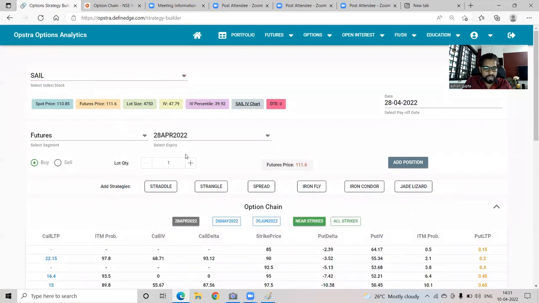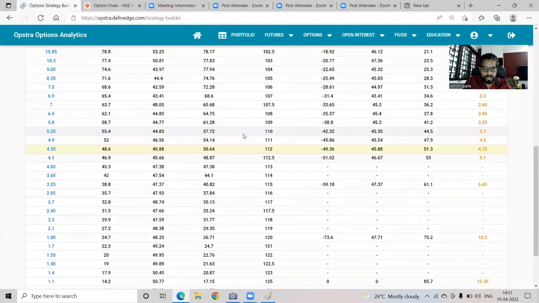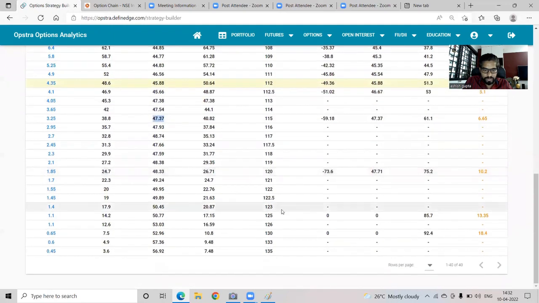So we can look at SAIL actually. The future is closing at 111. If we look at the 120 strike, it is trading at 1.85 with an IV of 48.33, and 110 is 5.25 at 44.83. How about 115 and 125? 115 is 3.25 at an IV of 47, and 125 is 1.1.